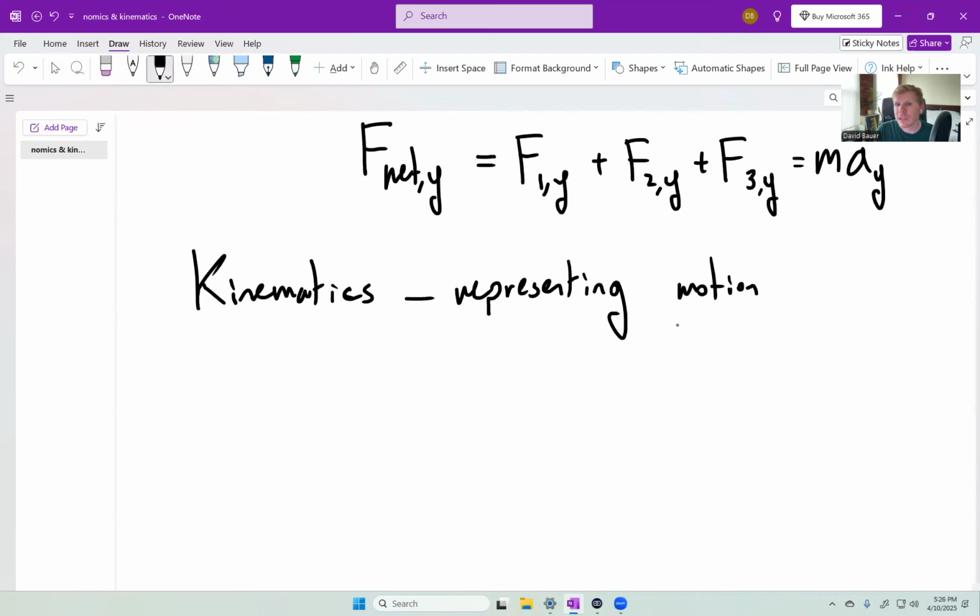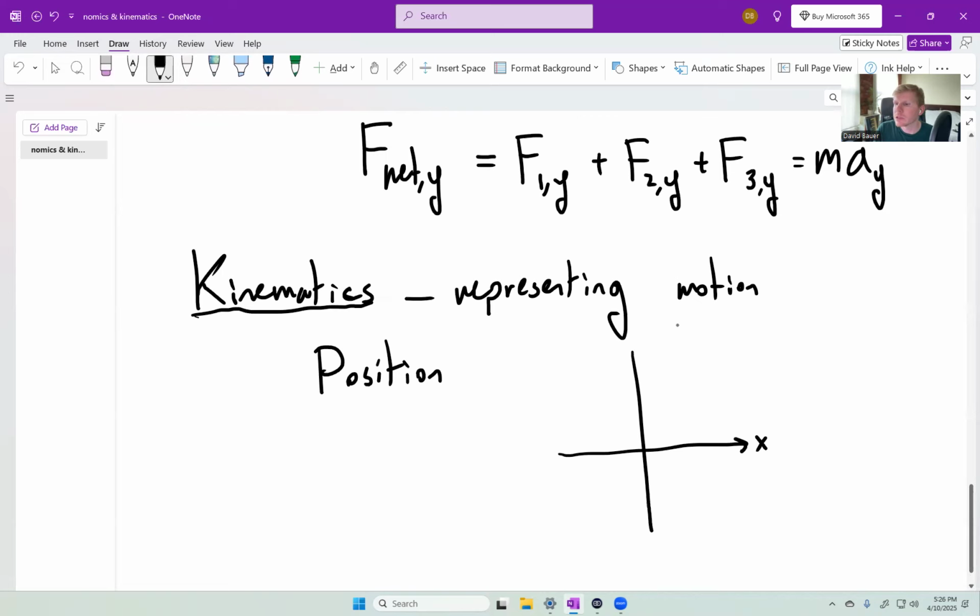And the starting point for this is we have a particle that has some position, and we've chosen a coordinate system. We have a particle. It's got some x position and some y position.